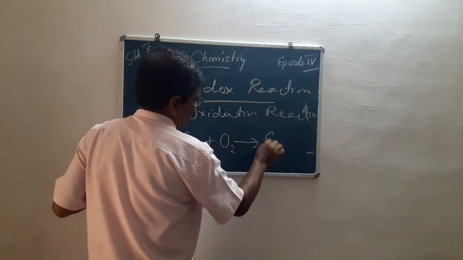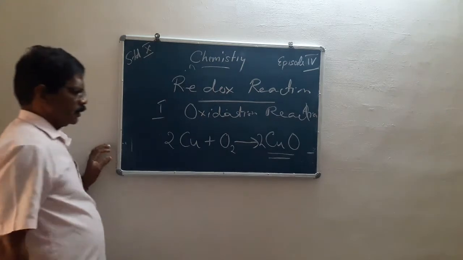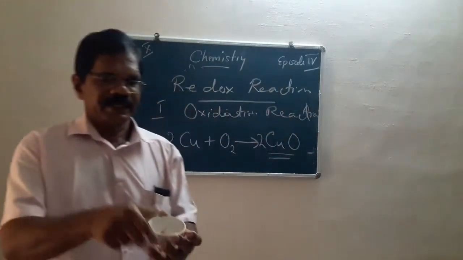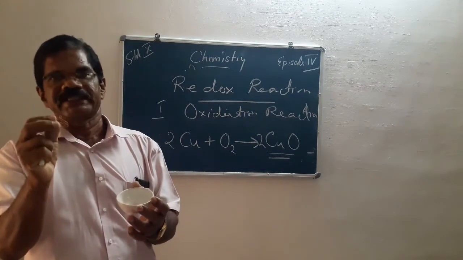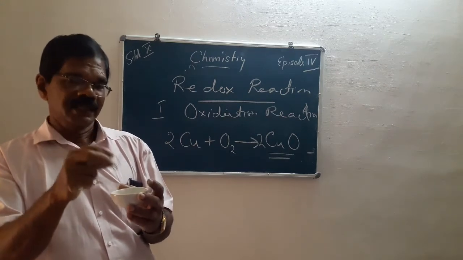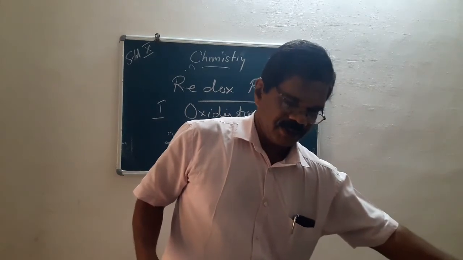On heating copper in a china dish, the copper combines with the oxygen present in the air to form copper oxide. Copper oxide is black in color.